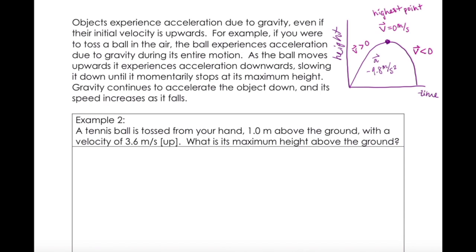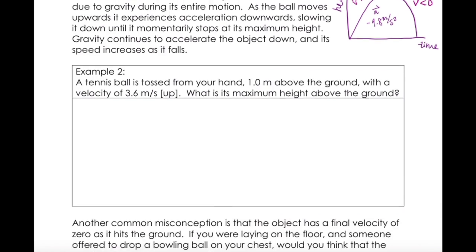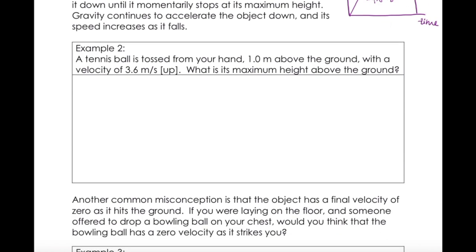Okay? So, for example number 2, a tennis ball is tossed from your hand 1 meter above the ground with a velocity of 3.6 meters per second up. What is the maximum height above the ground? Okay, so we have a ball that's already 1 meter above the ground.